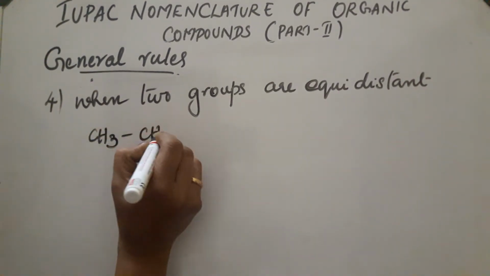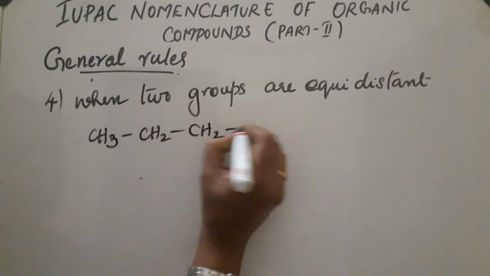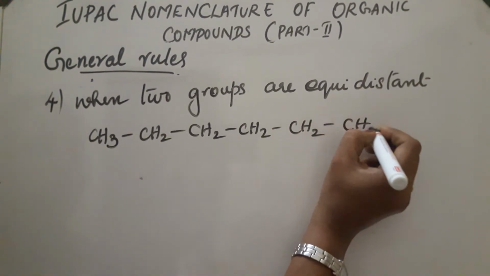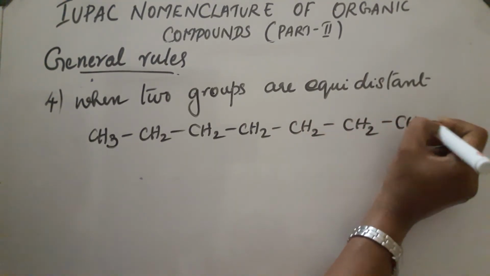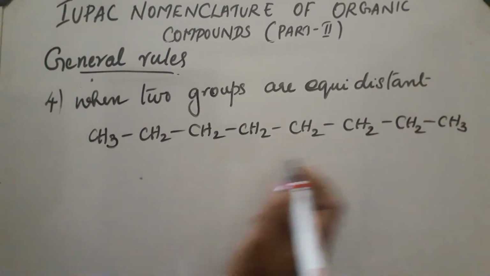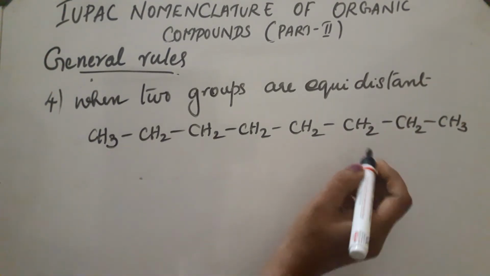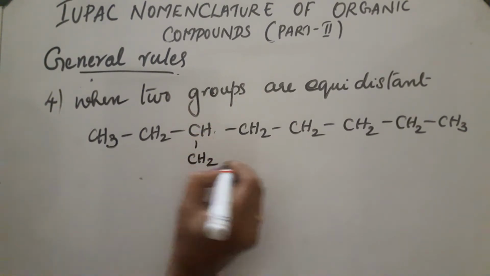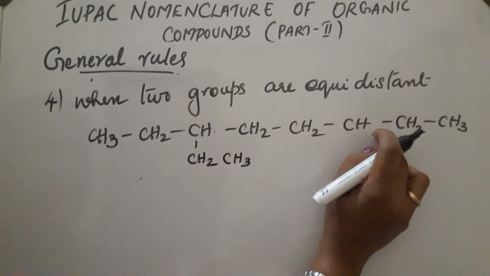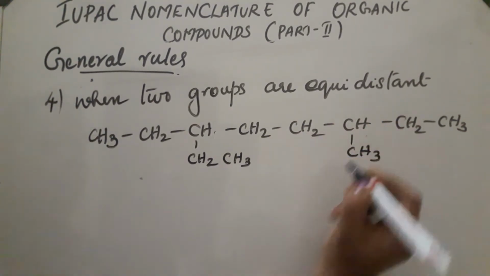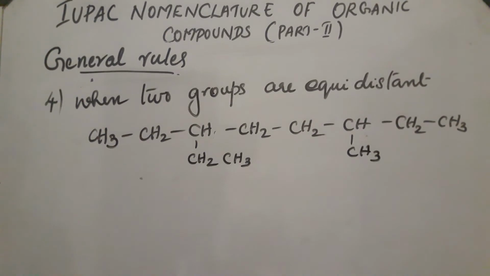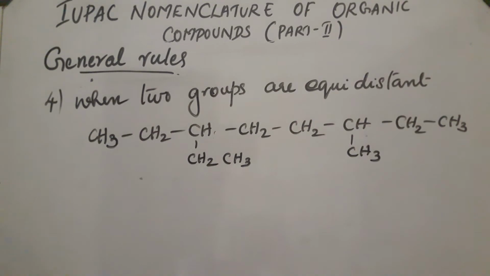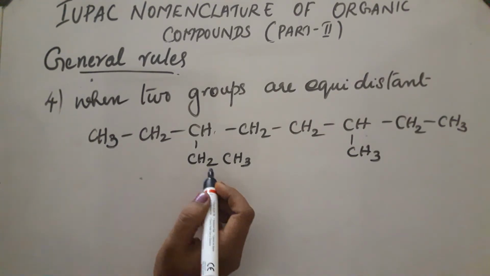CH3, CH2. In this case, both groups are equidistant from the terminus. In such a case, we have to take the ethyl group first according to alphabetical order. Ethyl comes first, so we have to take the number from here.